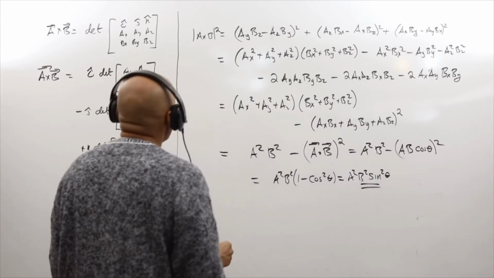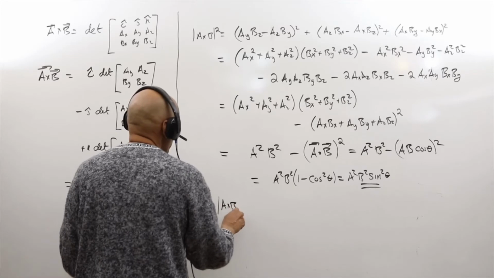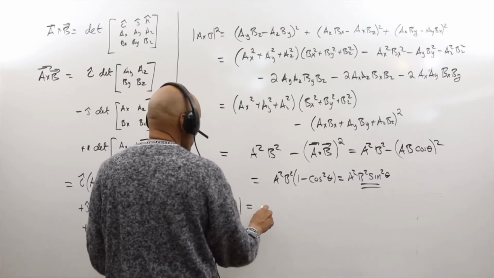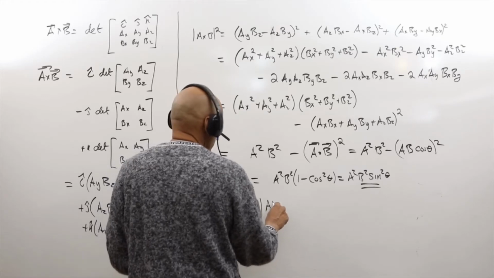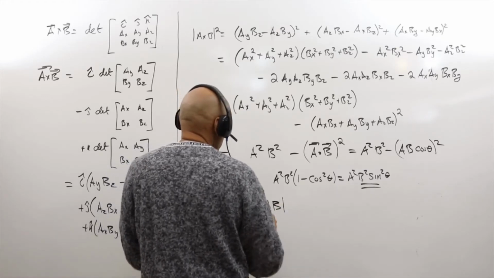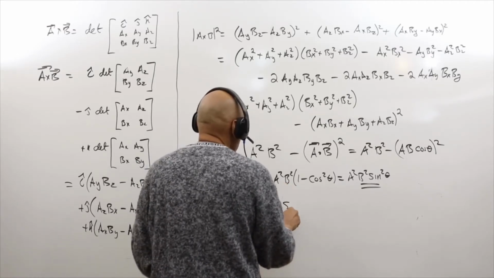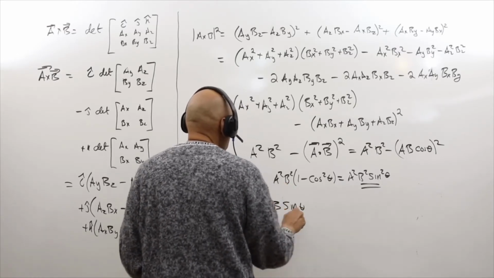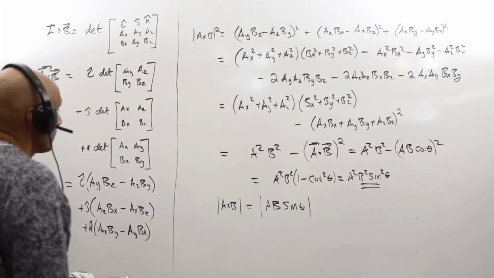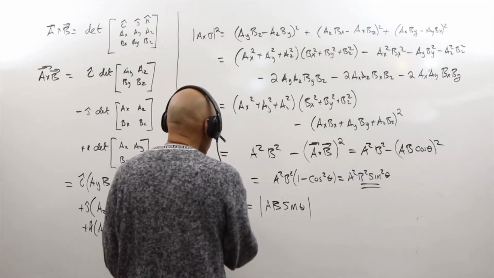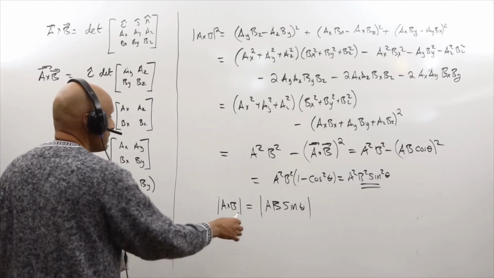And so we're left with the magnitude of a cross b equal to the magnitude of a, b, which is positive anyway, times sine of theta. So all I know is that the magnitude of a cross b is equal to ab sine theta.